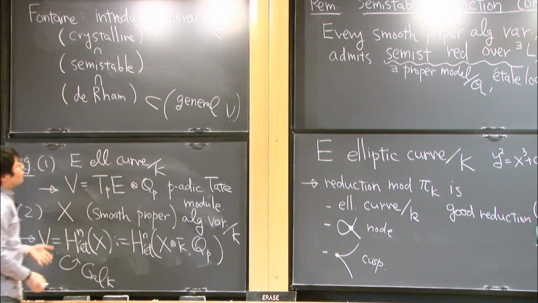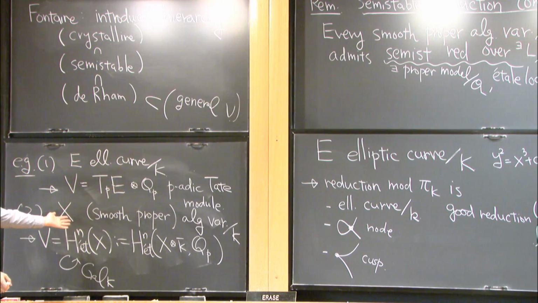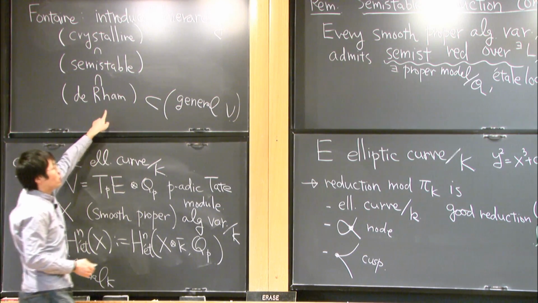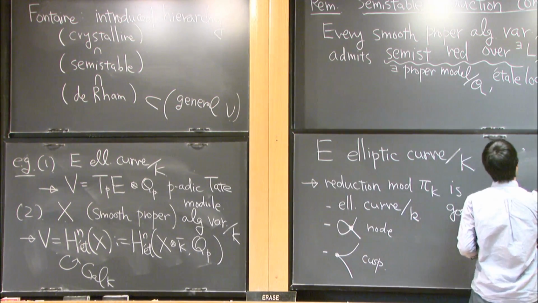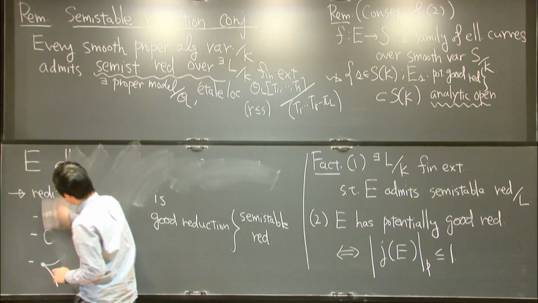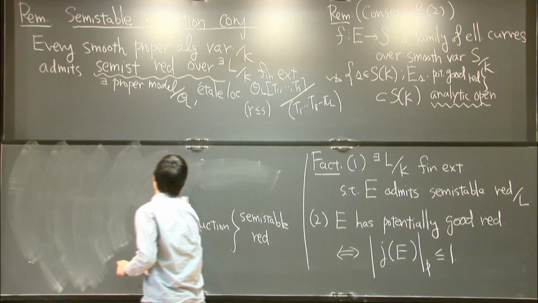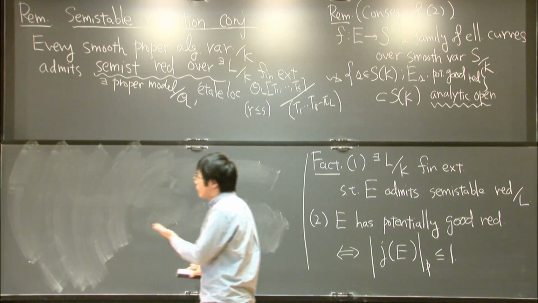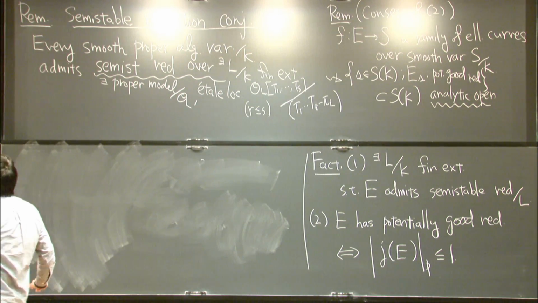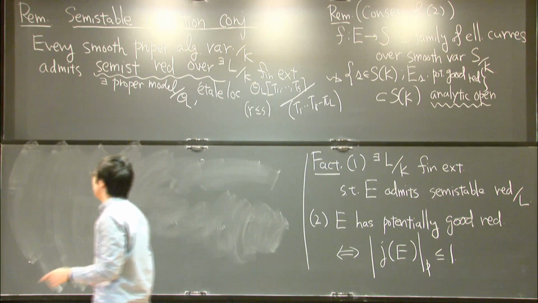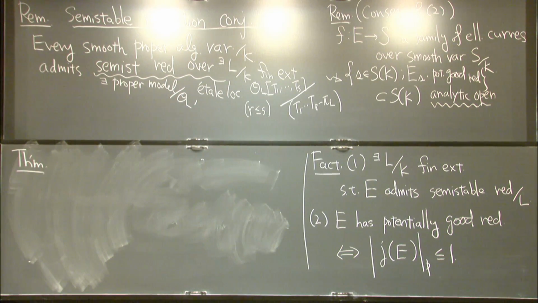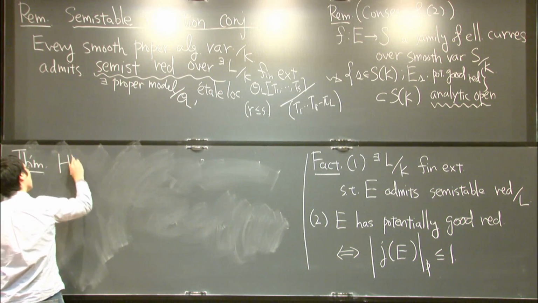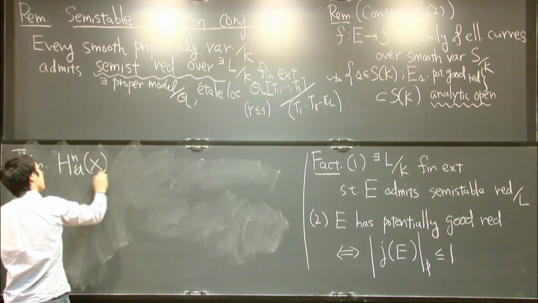The key important theorem in p-adic Hodge theory is that those representations coming from geometry are always de Rham. And there is a huge difference between de Rham representations and general representations. Moreover, reflecting the reduction type of your variety, they also fall in smaller classes called crystalline or semistable. So let me write this as a theorem by various people. Étale cohomology as a Galois representation is always de Rham.